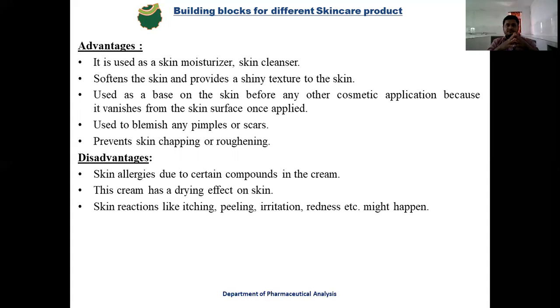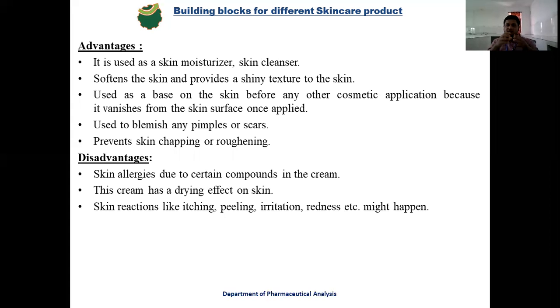Now the second advantage is softening the skin and providing a shiny texture on the skin. I already said that because of the stearic acid, it gives a shiny texture to the skin. Next is use as a base on the skin.